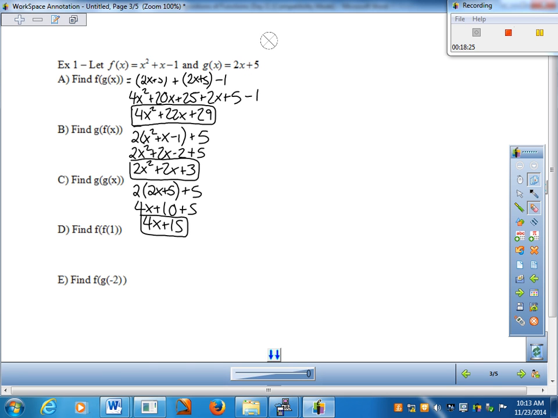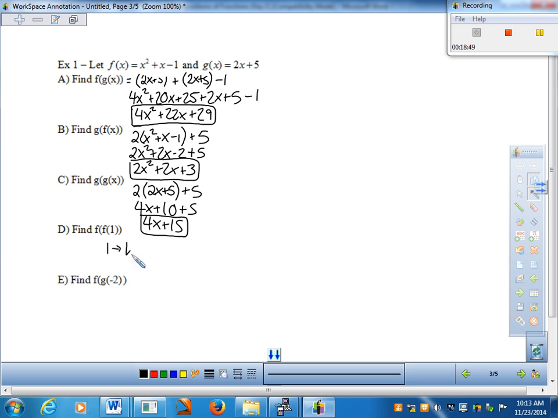Let's get specific with some of the values. So we can do this again a couple different ways, but ultimately I'm starting with 1. 1 is going to go into the f function, and I'm going to get an answer. Whatever that answer is goes into the f function, and I get another answer. So here's what I'm going to do, and it's up to you how you want to play this out, but I'm going to start with 1, and it goes into f.